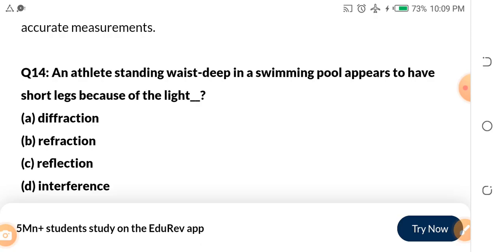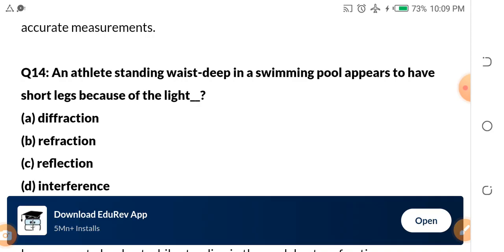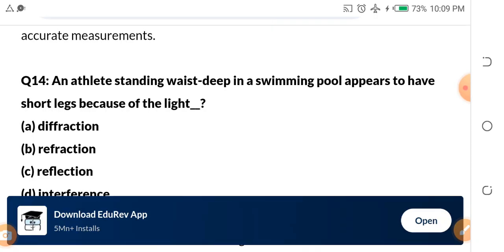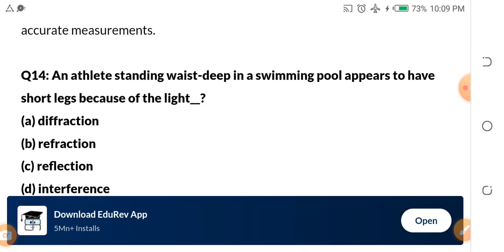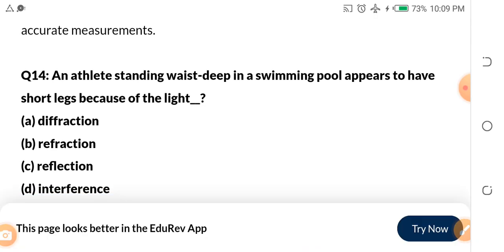When you're looking at the legs of a person in a swimming pool, it appears as though the legs are short. The reason is: A, light diffraction, or B, light refraction, or C, light reflection, or D, light interference. Which one is the answer? Is it diffraction, refraction, reflection, or interference?